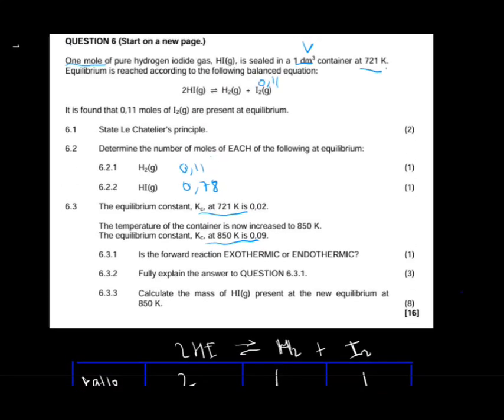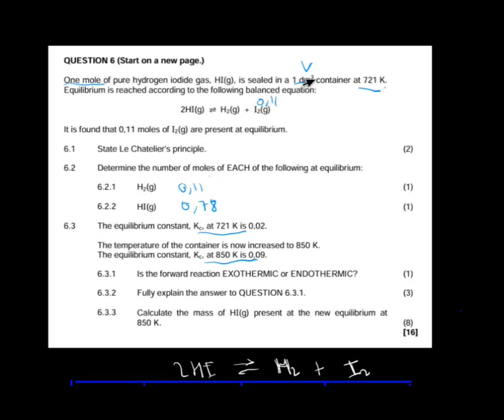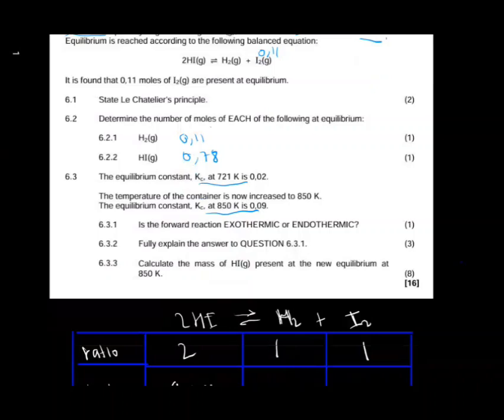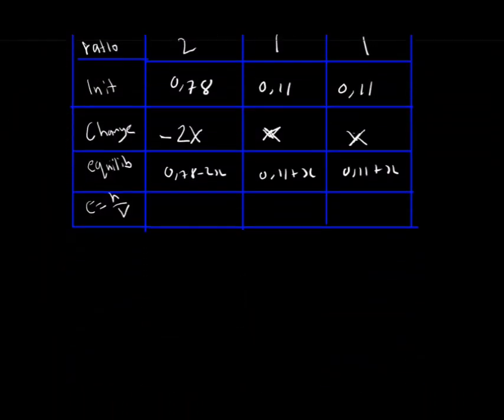Remember, the volume is the same, even if there is a new equilibrium: 1 decimeter cube. So C is equal to n over V, which just means this thing over 1. It's 0.78 minus 2x all over 1, but it's still the same, so there is no need. They just made it easier. So this is 0.11 plus x, and this is 0.11 plus x.